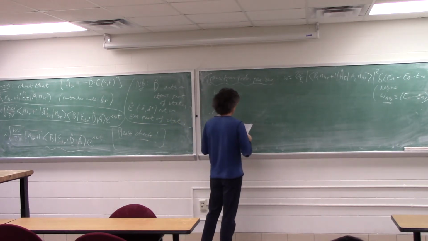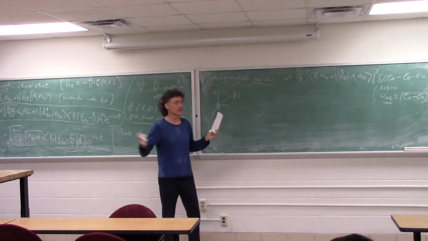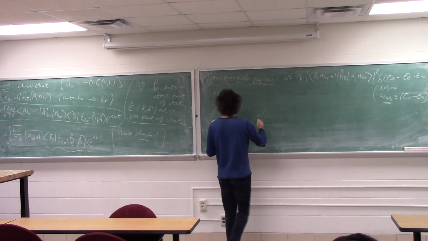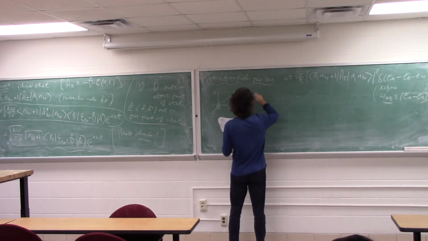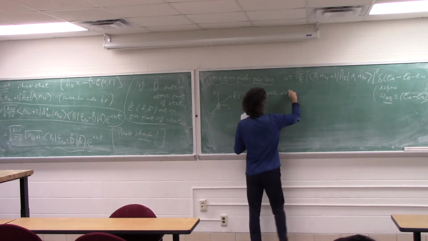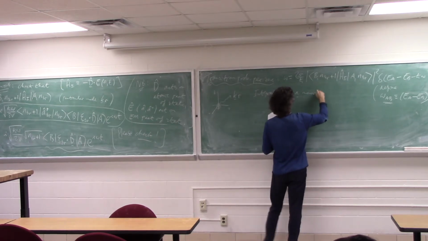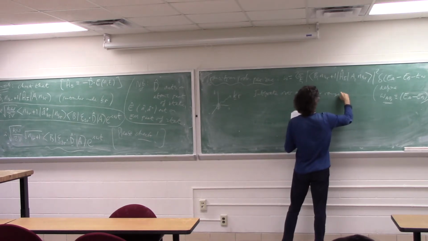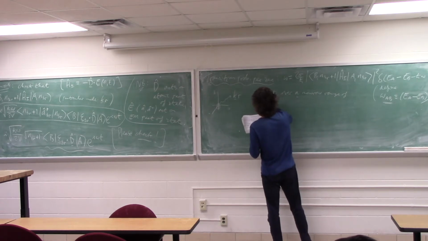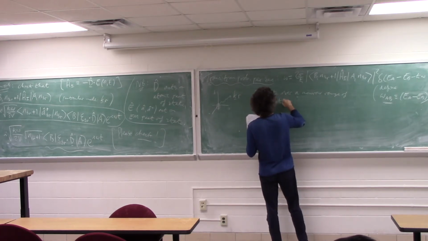Now, there's something that you should have seen before. How do you get rid of this delta function? You integrate over a narrow range of final states.